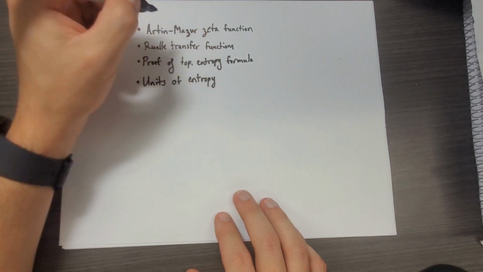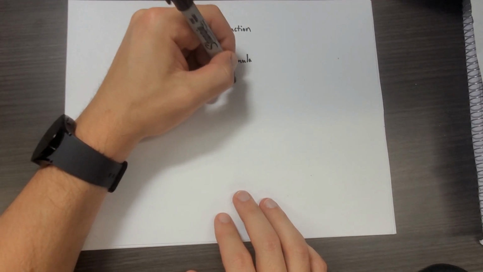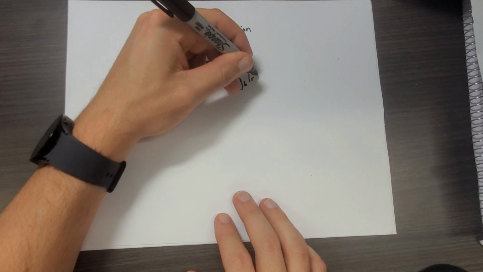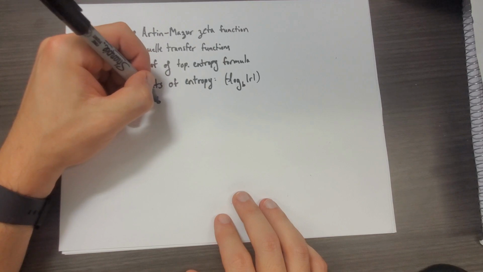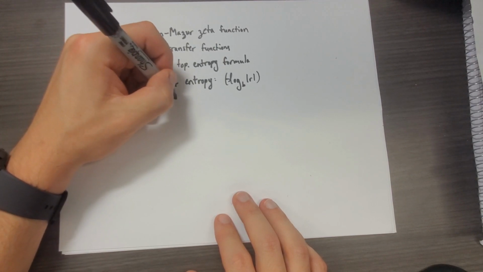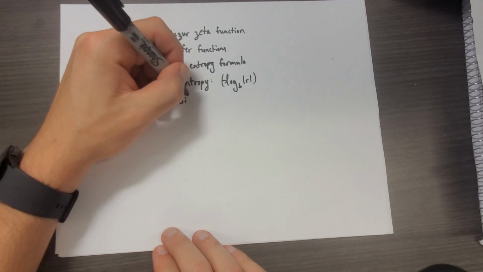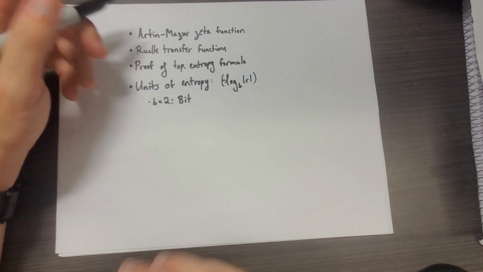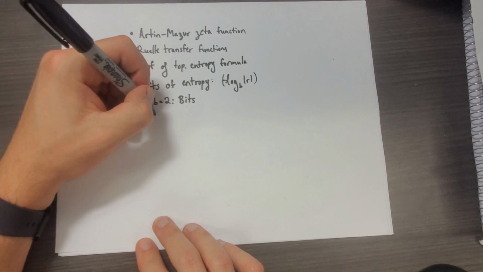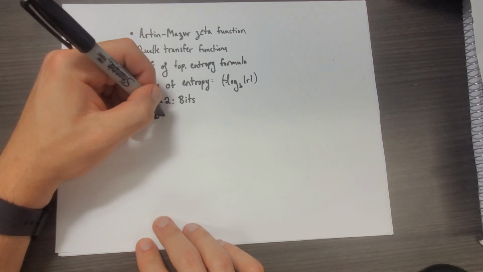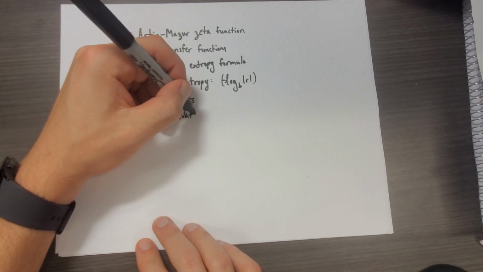And if I had chosen a base for the logarithm of 2, so this is log base b of absolute value of r, minus log. If I had chosen b equal to 2, this would be the Shannon entropy, or bits of entropy. If I had chosen e for the base, Euler's number, this would be called nats of entropy.